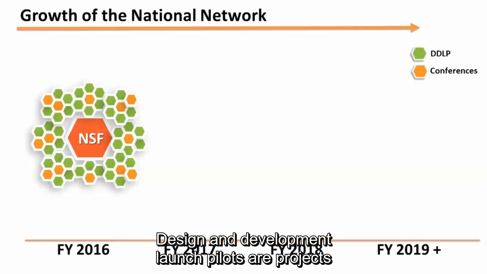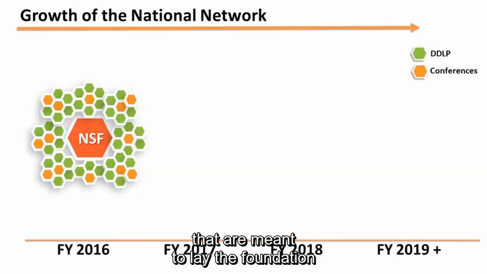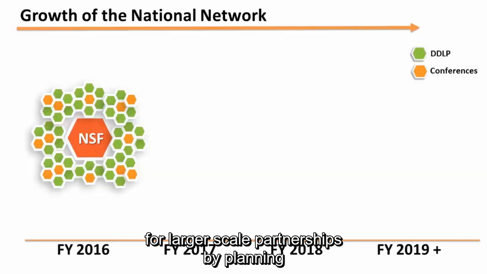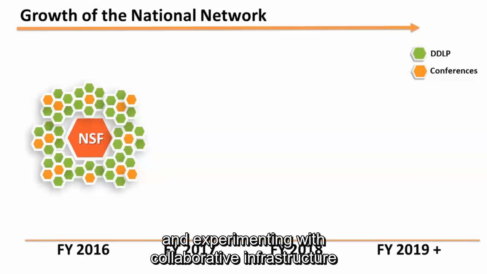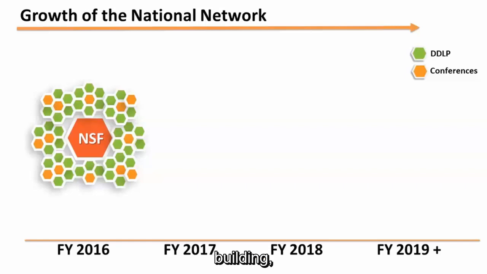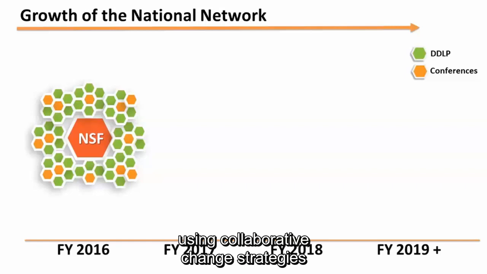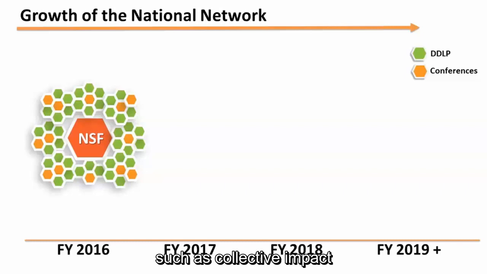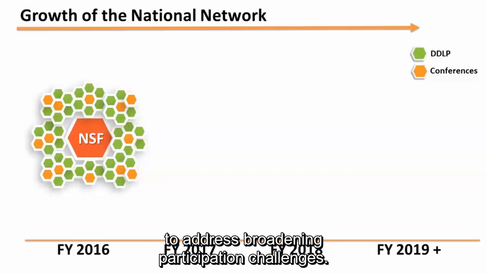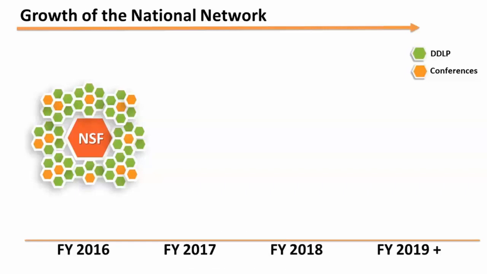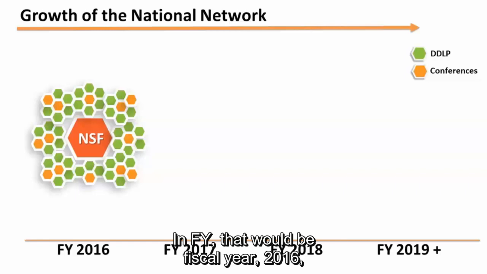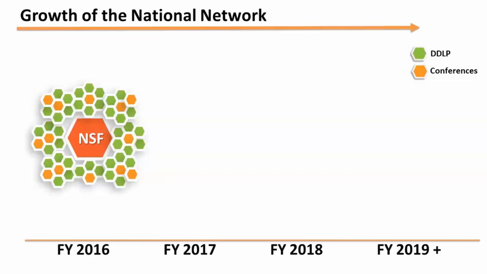Design and development launch pilots are projects that are meant to lay the foundation for larger scale partnerships by planning and experimenting with collaborative infrastructure building, using collaborative change strategies such as collective impact or networked improvement communities to address broadening participation challenges. In fiscal year 2016, 40 launch pilots were funded.